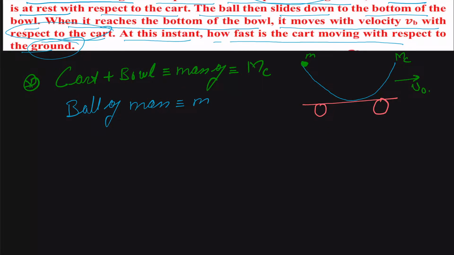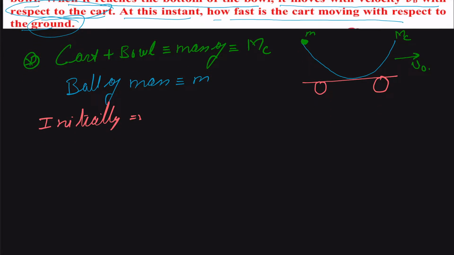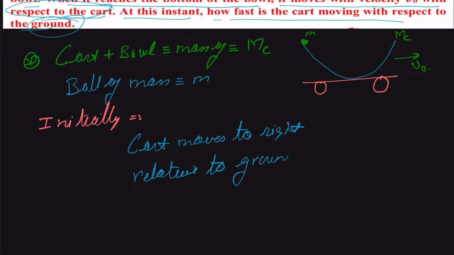So we are also given the initial condition, and initially we are given that the cart moves to the right with the speed v naught relative to the ground, and the velocity is given as our v naught.